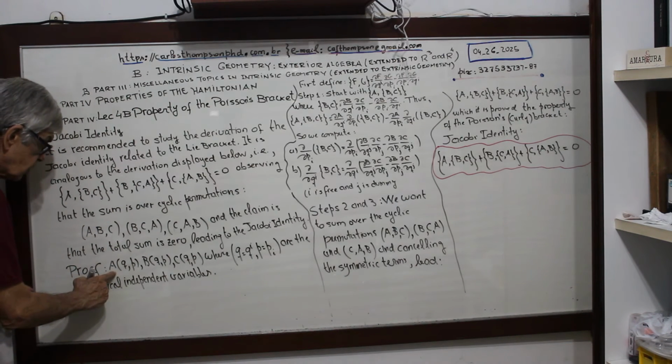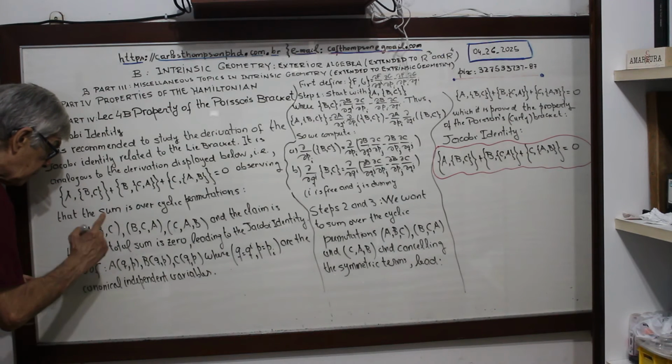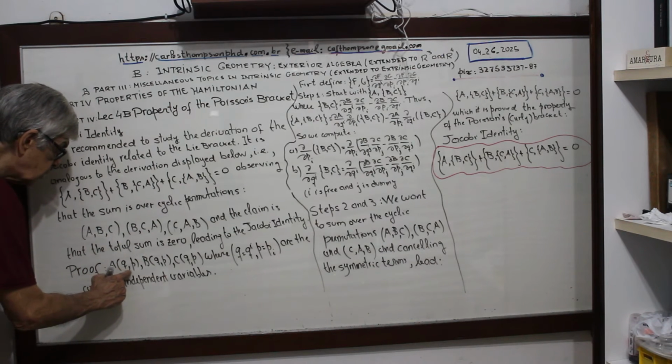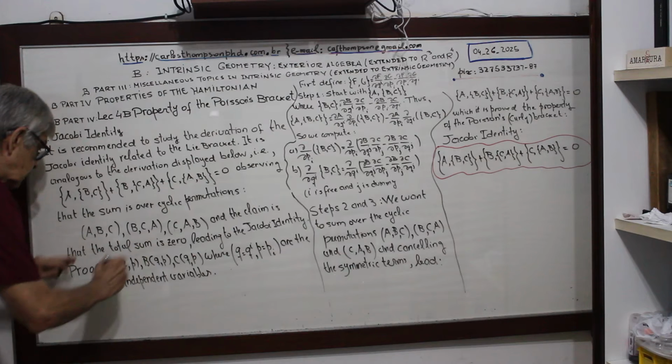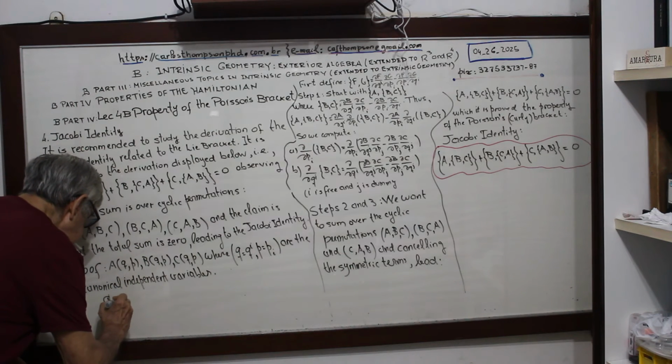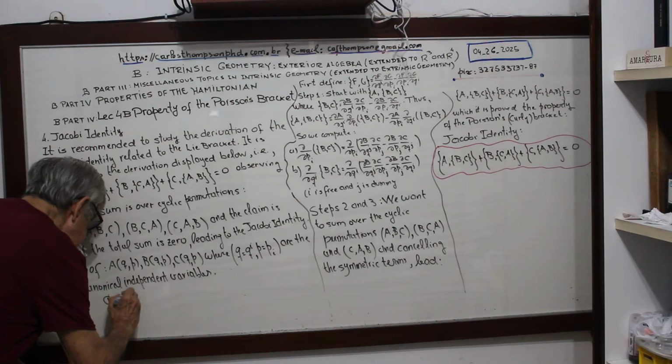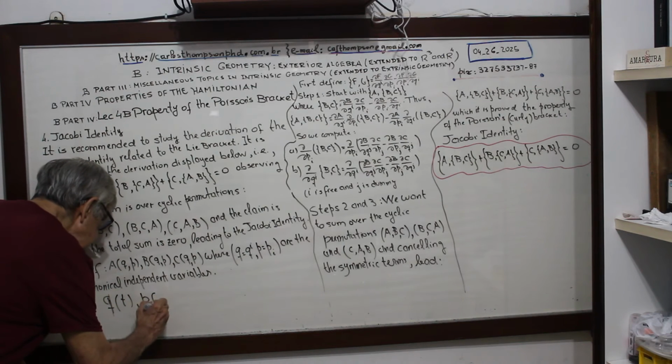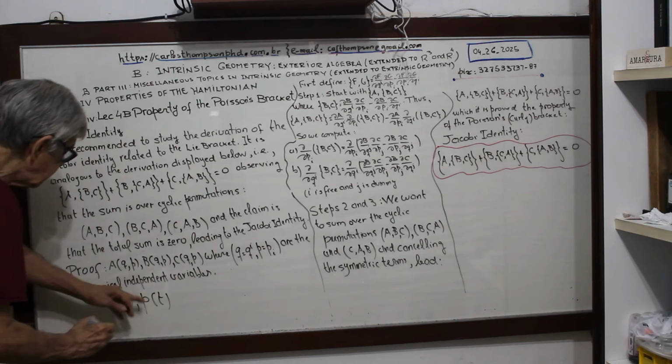Attention now, the function A depends on the variables Q and P. In this case, Q is a function of T and P is a function of T, you see?